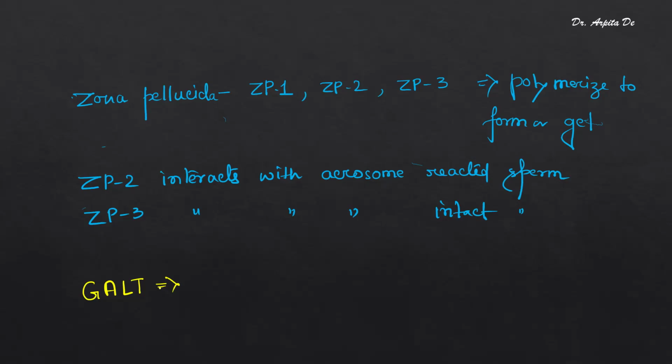This leads to recruitment of CD9 to the area of egg and sperm addition, and this is followed by sperm-egg fusion. Whatever I have said just now, I'm writing it out for you in a simple flow chart.